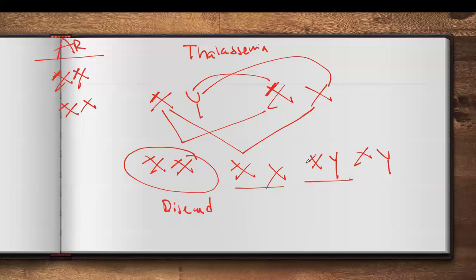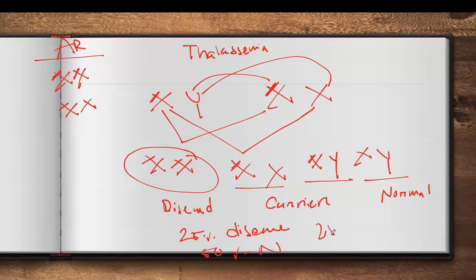This one and this one have got only one mutated gene. That means they are the carriers. And this one did not get anything. So that's normal. So what is the percentage? The percentage is 25% chance of getting a diseased child or full disease, 50% carrier, and 25% normal.